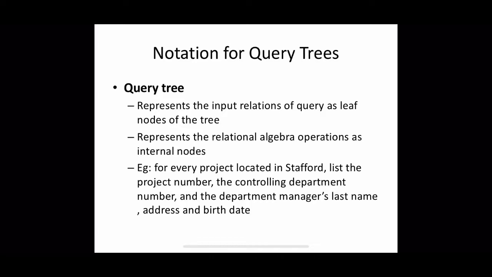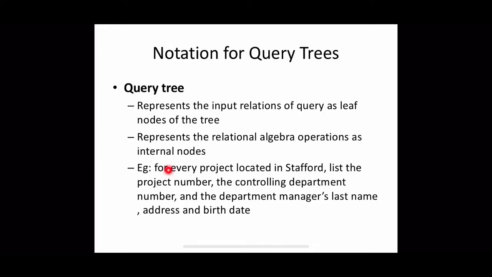It represents the input relations of the query as leaf nodes of the tree and represents the relational algebra operations as internal nodes. An execution of the query tree consists of executing an internal node operation whenever its operands, represented as its child nodes, are available, and then replacing that internal node by the relation that results from executing the operation. Finally, the execution terminates when the root node is executed and produces the result relation for the query.